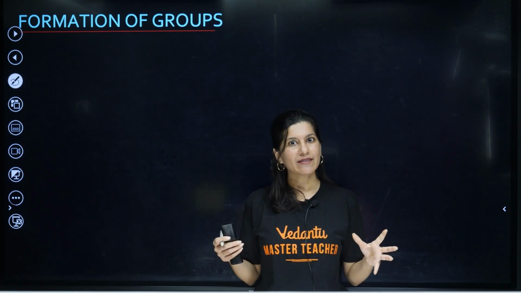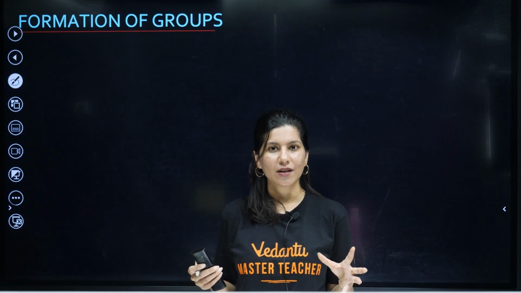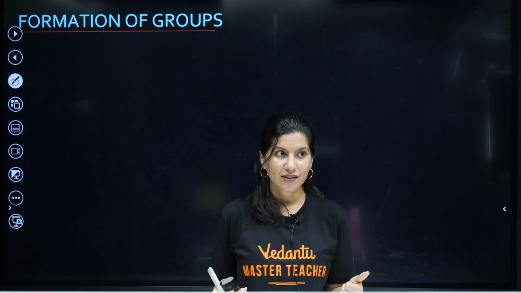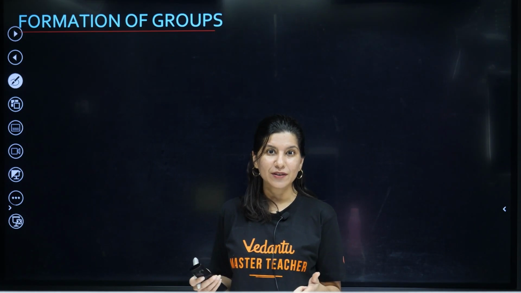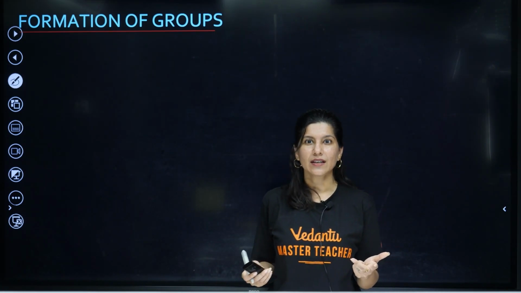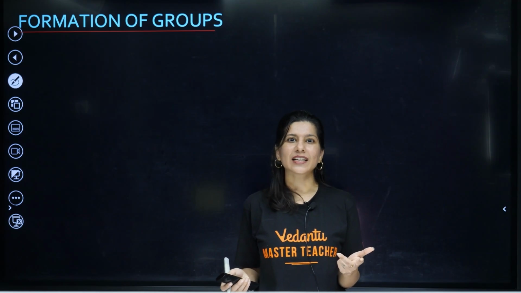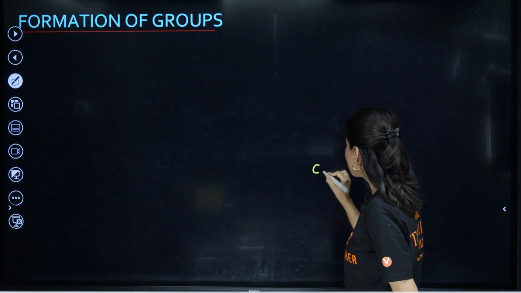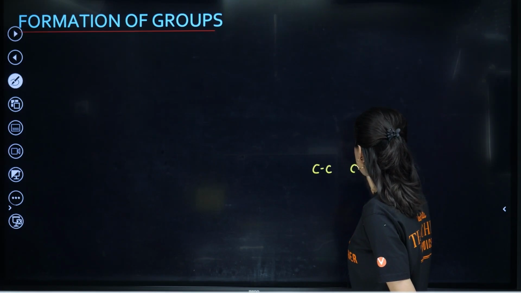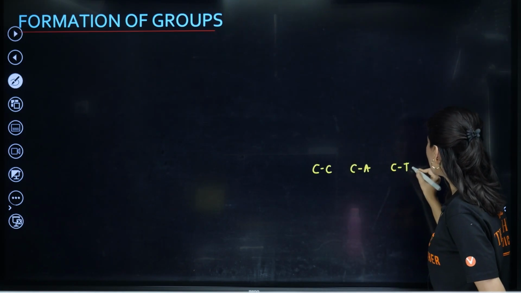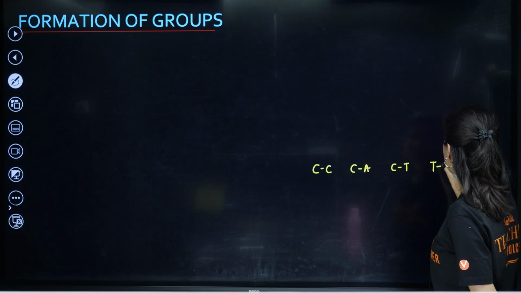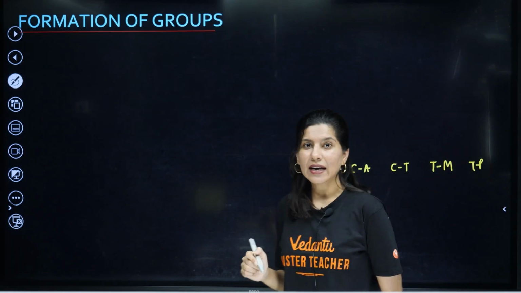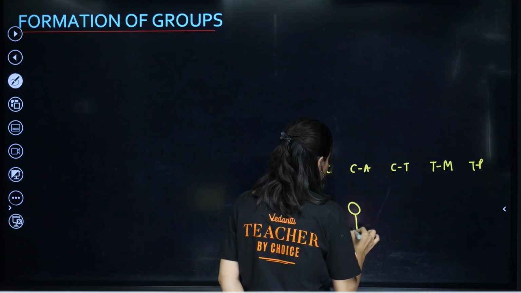So I have 5 different books: 3 from Cengage, that is calculus, algebra, trigonometry, and the 2 remaining are from Tatva. So Cengage calculus, Cengage algebra, Cengage trigonometry, and then Tatva maths and Tatva physics. 5 books I am having, and I am having 3 different students.